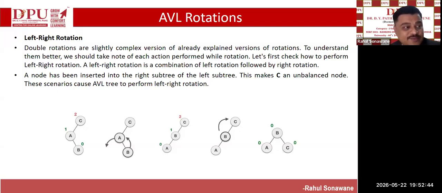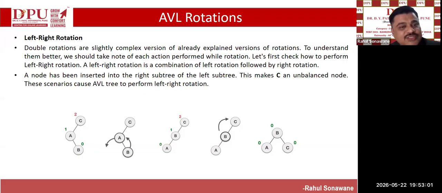A is a left subtree of C. So because of insertion in the right of the left subtree, if the tree is getting unbalanced, then we have to perform the double rotation.